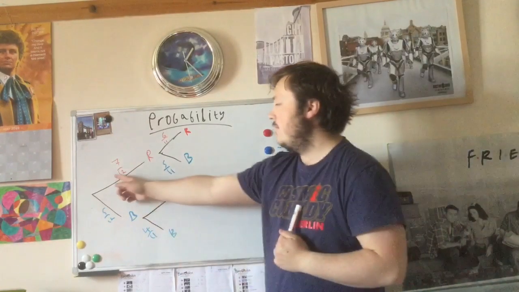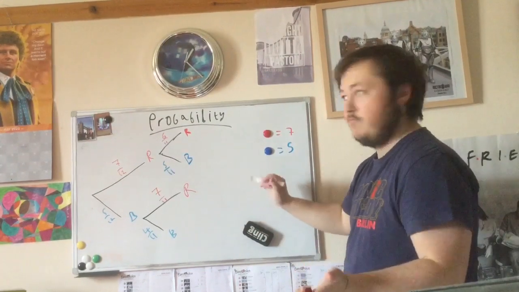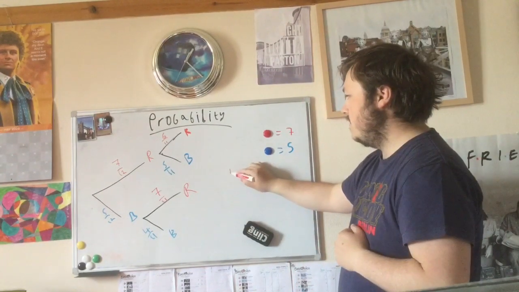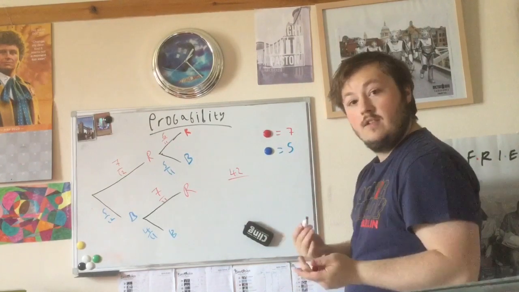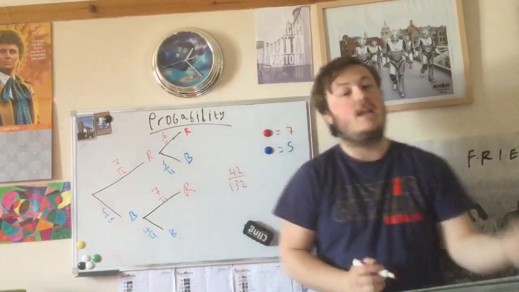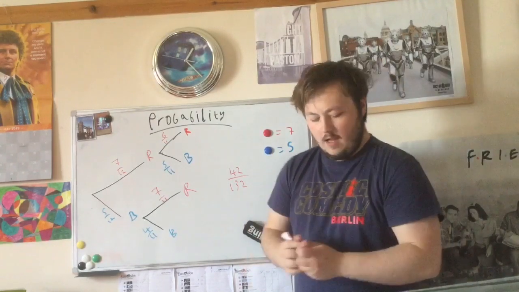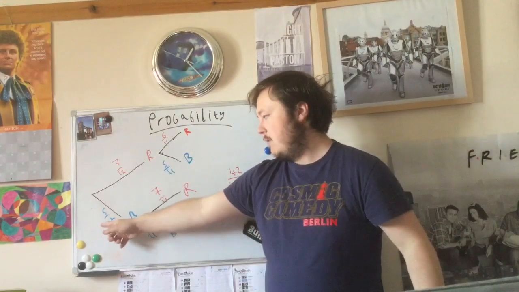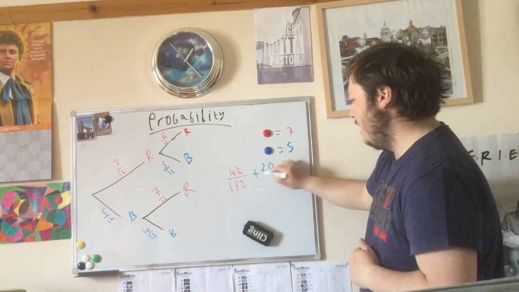So the first question is, what's the probability that I drew two beads of the same colour? So what I do is I first multiply my 7 over 12 by 6 over 11. Anyone know what that is? That is 42 over, anyone want to hazard a guess? 132. I'll simplify it in a minute because we still got to do these ones and I want to keep track. And then if we draw two beads of the same colour, we multiply 5 over 12 by 4 over 11. That would become 20 over 132.